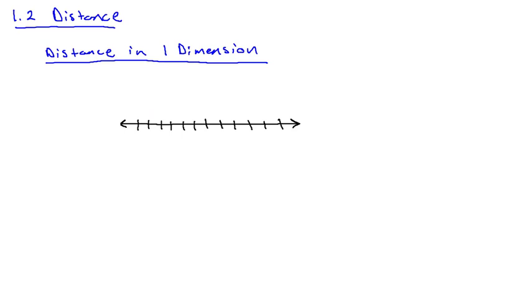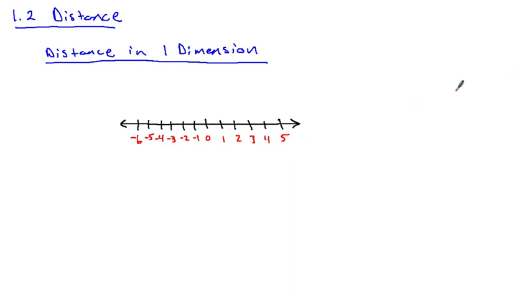It doesn't matter how many marks you make, just try to make something similar to this. So this would be 0, 1, 2, 3, 4, 5. And then you know that this would be -1, -2, and so forth. You've seen number lines like this before.